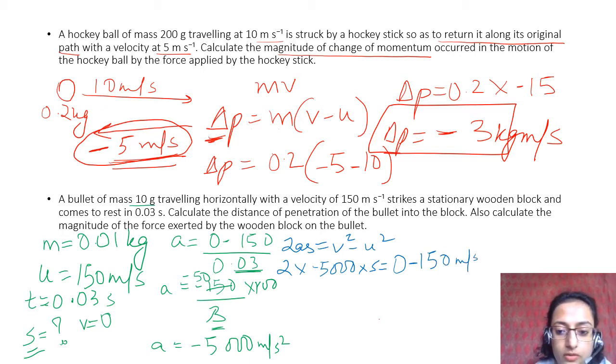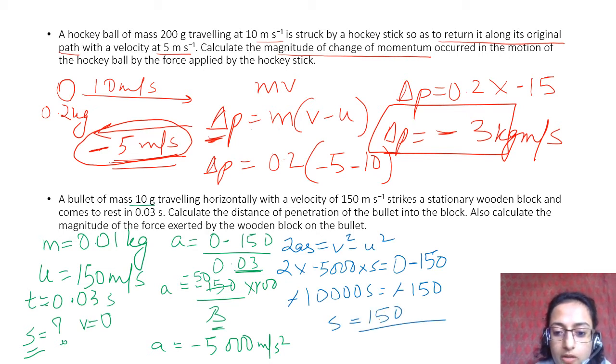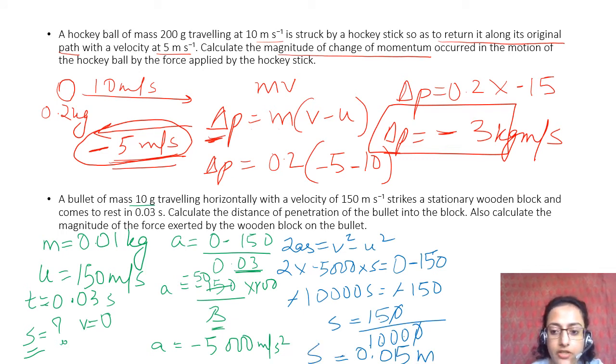So minus 10,000 S is equal to minus 150 squared. This gets cancelled. S is equal to 150 upon 10,000, so 0.015 meter. This is the distance that is covered, right?